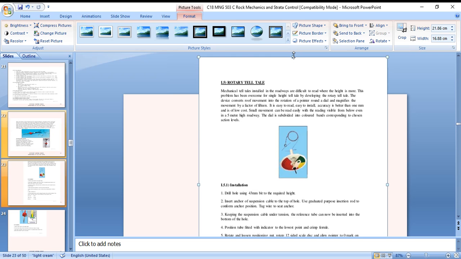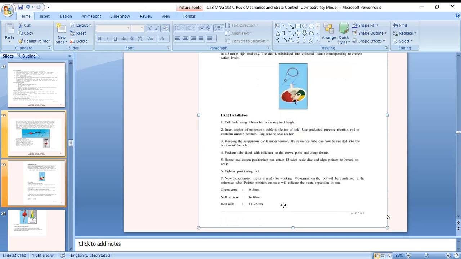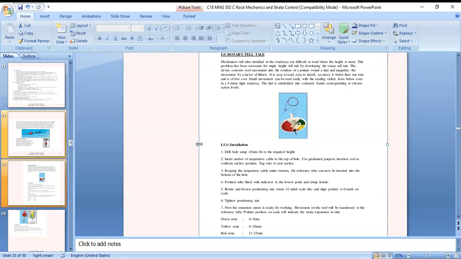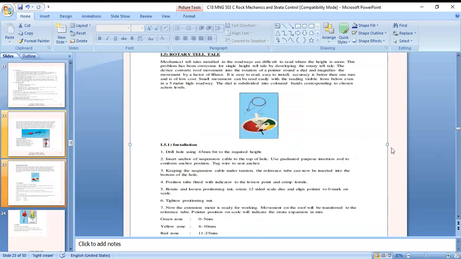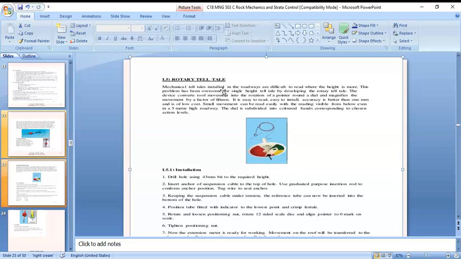This is the rotary telltale. Mechanical installation in a roadway is difficult to read where the height is more. This problem has been overcome for a single height by developing the rotary telltale.